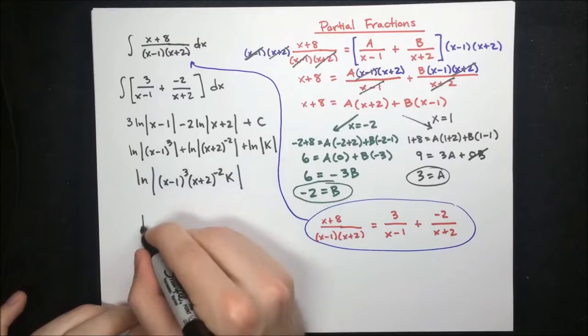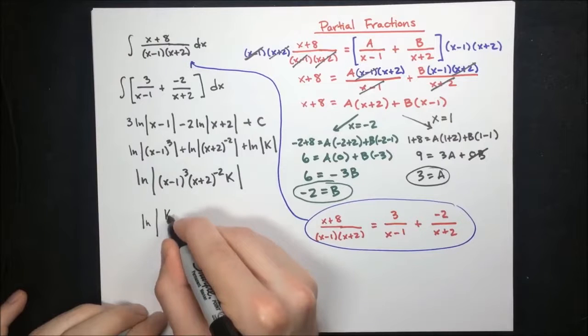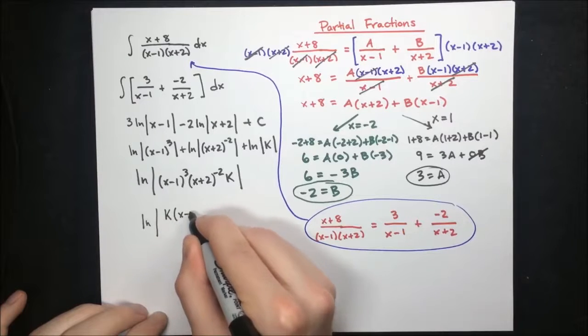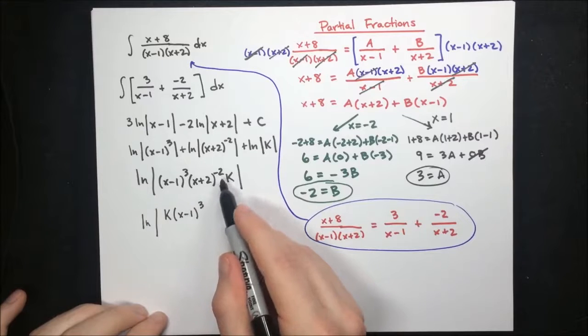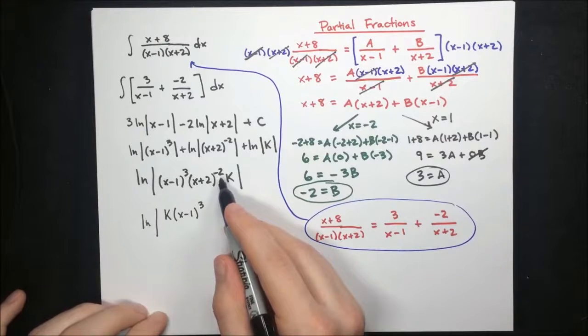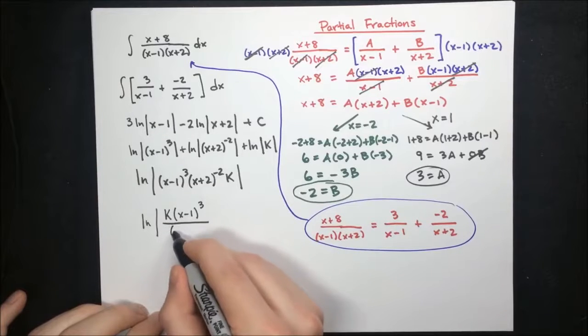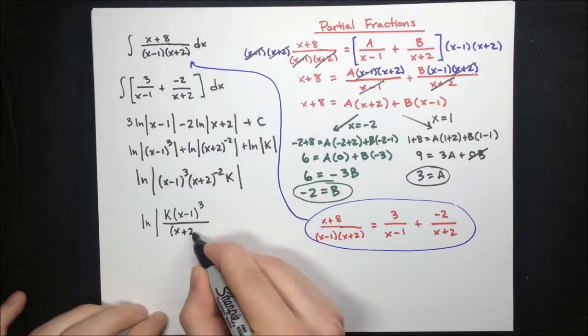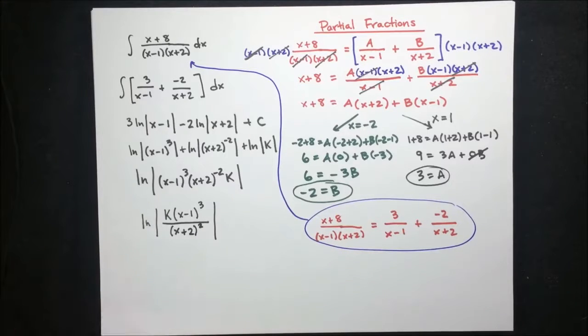Let's write it as natural log. Let's move the k out in front, and then put the x minus 1 to the third, and then this x plus 2 to the negative 2, we can write that as 1 over x plus 2 to the positive 2 power. And there we go, there's our answer, nice and compact.